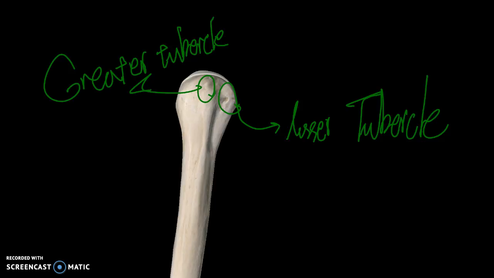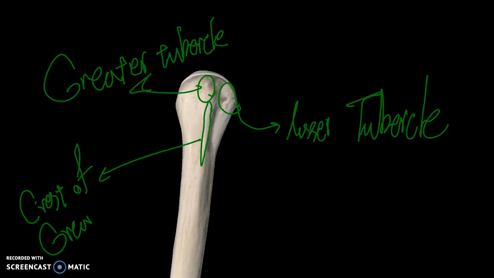Now if you follow through with each tubercle, you're going to see the crest of the tubercle. So this region here is the crest of greater tubercle. And of course the other one is the crest of the lesser tubercle.